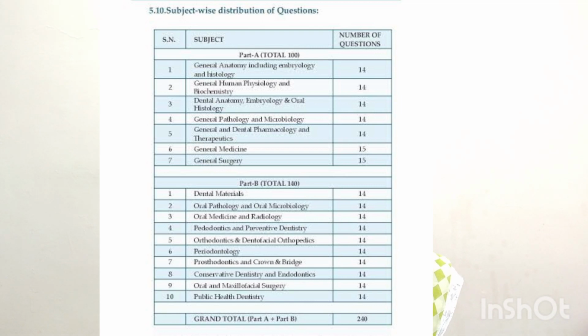So we can say that the subjects that we study in our third year BDS are relatively more important. Plus you have oral pathology to study in your third year BDS. Oral pathology is one of the vast subjects to be studied for your NEET MDS exam.